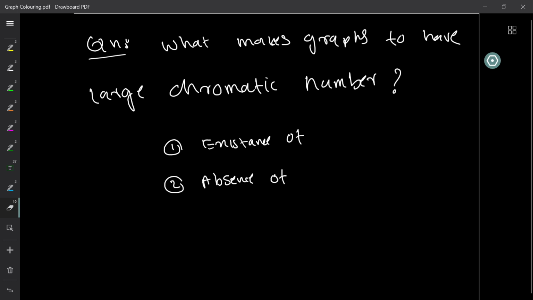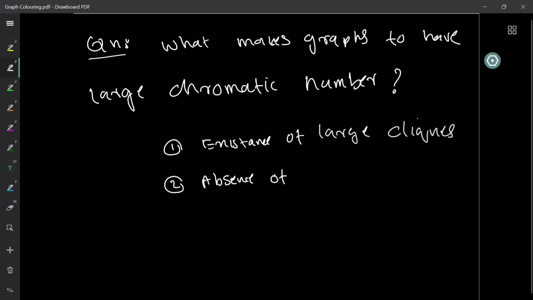So the existence of large cliques makes the chromatic number very large. The size of the clique will make the chromatic number at least as big as that. Of course, it could be much larger. So this is one parameter which makes the chromatic number large.